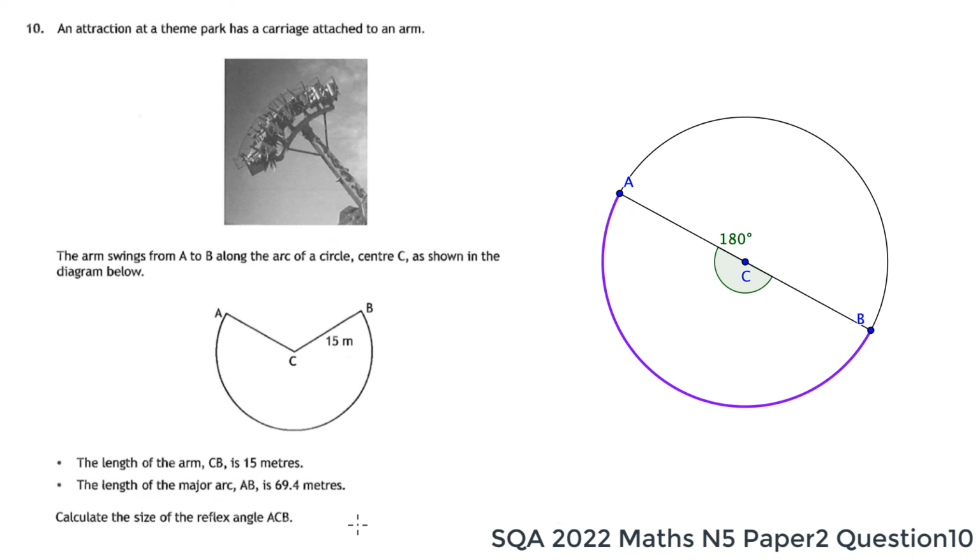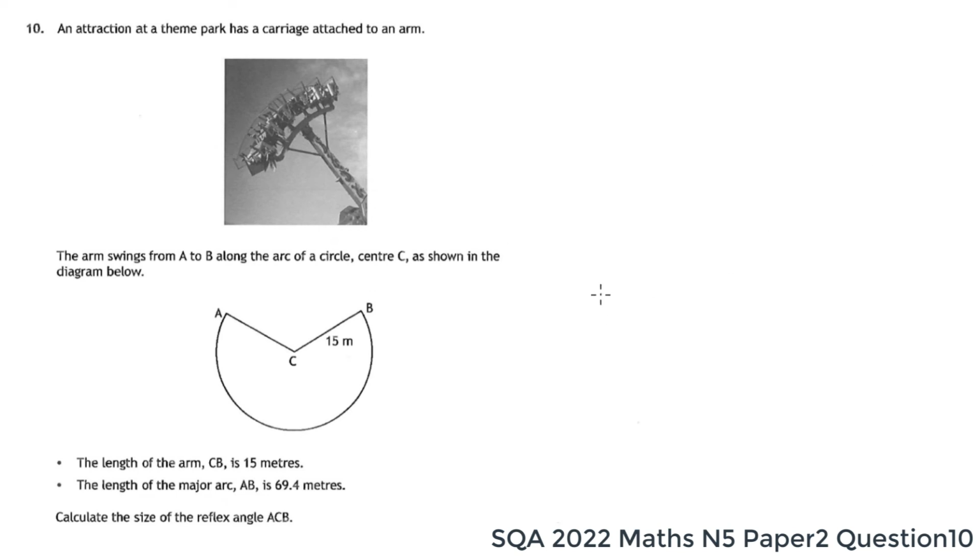That was double the arc that we had for the 90 degree angle, double the arc length. So it's in direct proportion. The angle at the centre and the length of the arc are in direct proportion. So armed with that knowledge, let's return to the question.